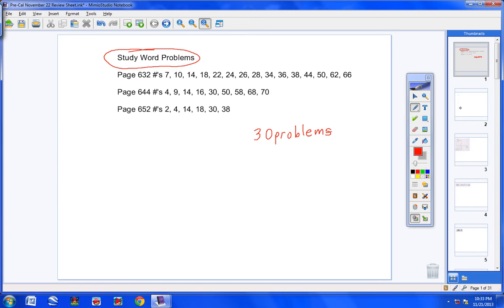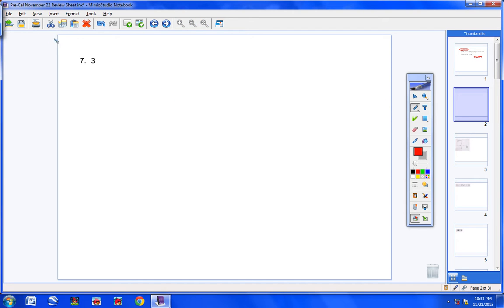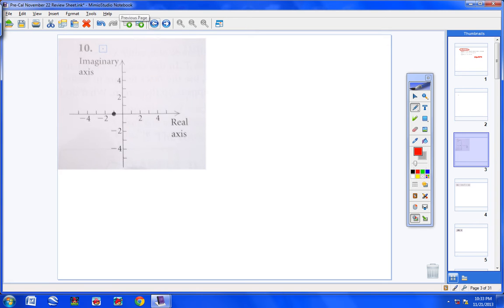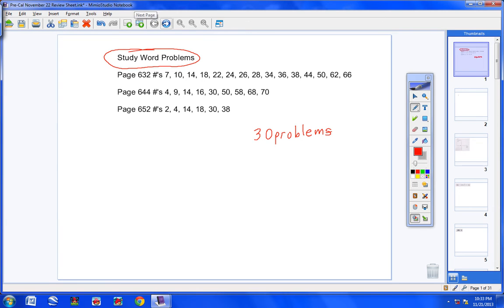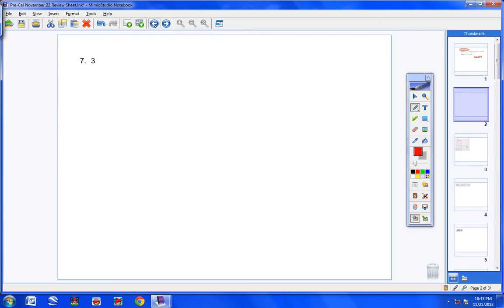Page 632. Let's take a look at number 7. The directions for 7 say to graph the complex number and find the absolute value. Now in the directions, they call this a complex number. So if you know it's a complex number, then you know that it's missing an imaginary number.